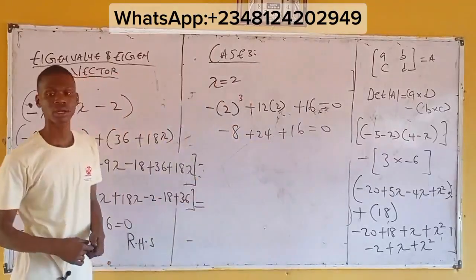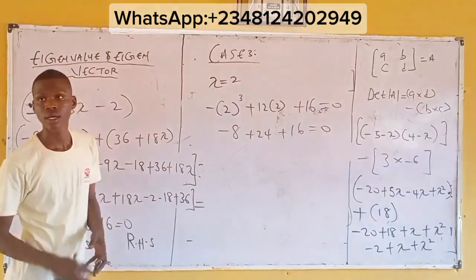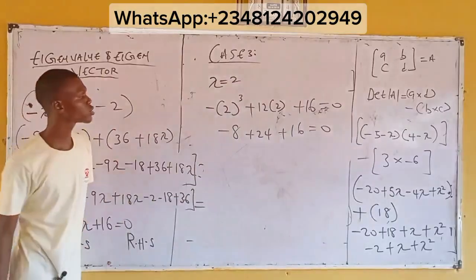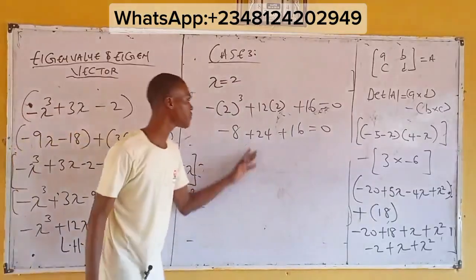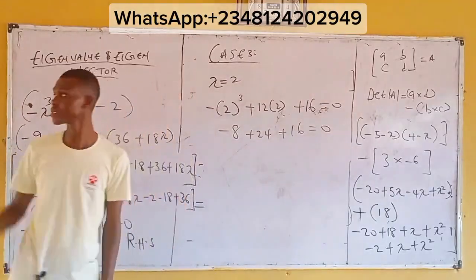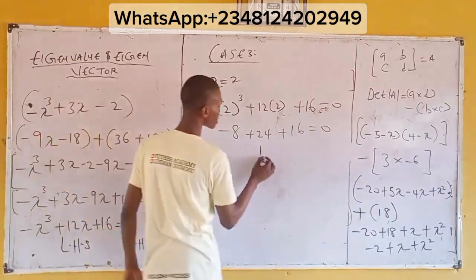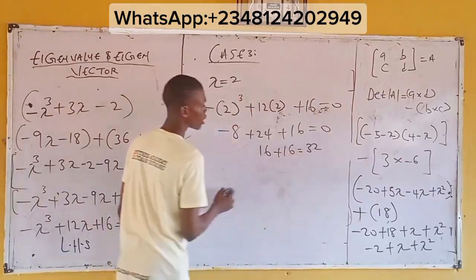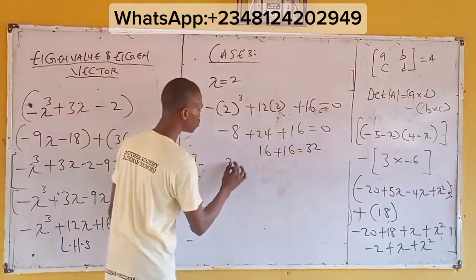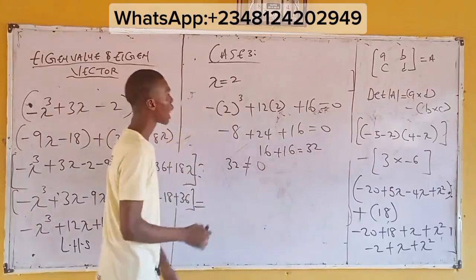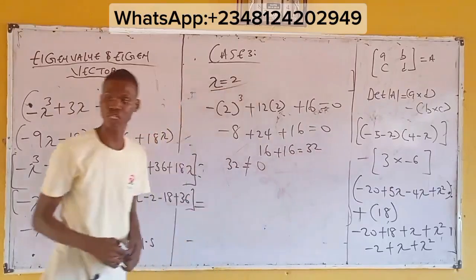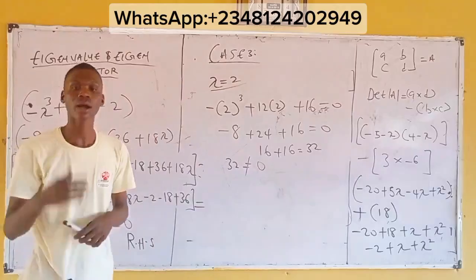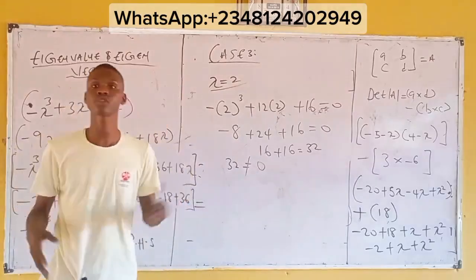What do you have? Negative 8 plus 24 is 16, right? Meaning 16 plus 16, what do we have? 32. And 32 is not equal to 0, meaning lambda equals 2 is not a factor.